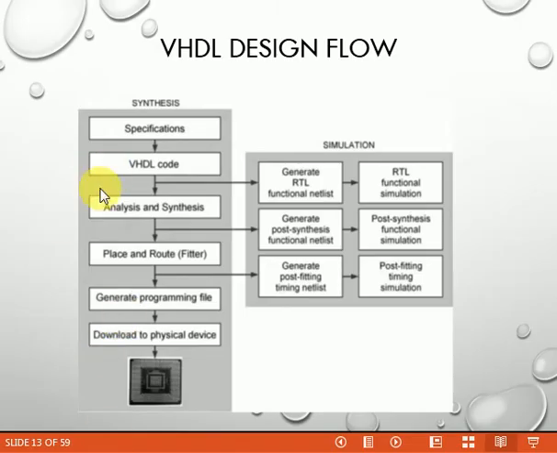So now we are just going to learn about this VHDL code in this unit. After that we will proceed further, but right now our main aim is to write VHDL code depending on the specifications given. Actually, this is the first step after knowing the specifications, so we are going to deal with this step.